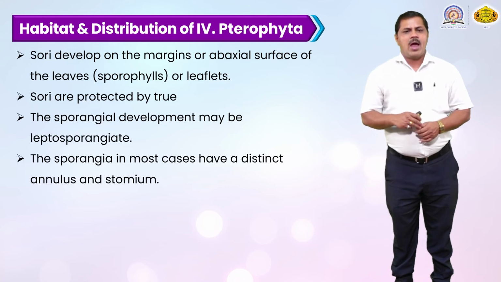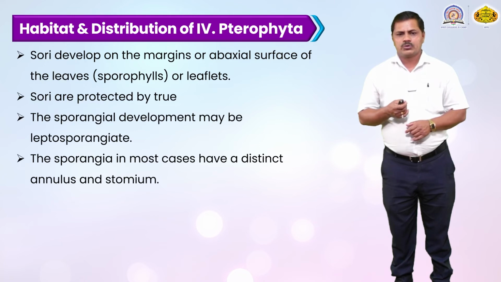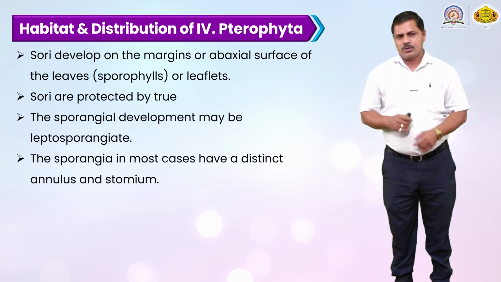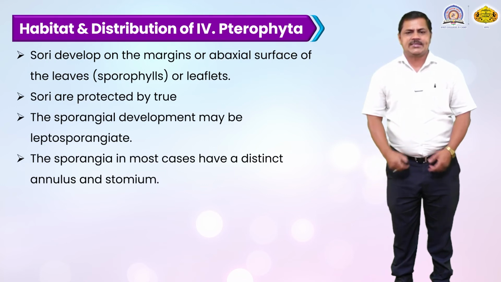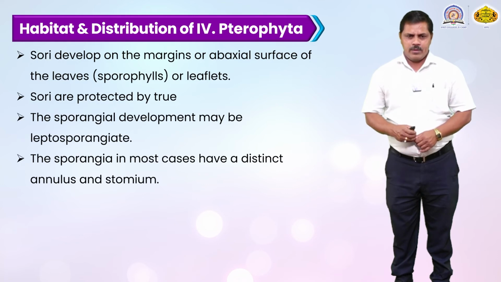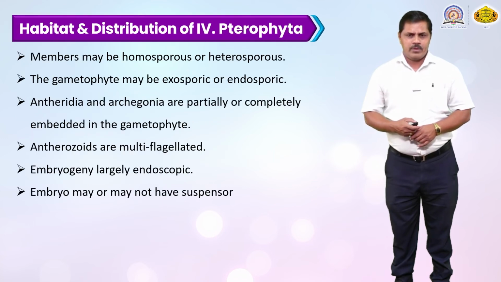Sori are protected by the indusium, and sporangial development may be leptosporangiate. Sporangia in most cases have a distinct annulus and stomium, clearly distinguishing the cases.